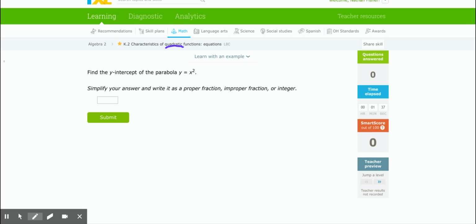I mentioned slope-intercept form was kind of the general outline of a straight line. For a quadratic, if we're going to go with an equation, you would think y equals, and we could have ax squared.